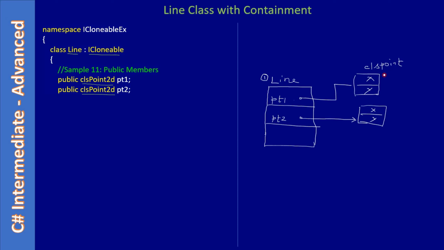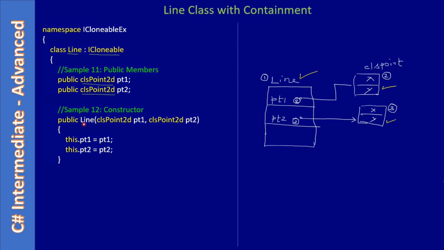So the reference members will get created in a heap, and the address of that heap gets stored in the reference variables pt1 and pt2. So totally line, that's one, CLS point, second CLS point. There are totally three objects involved.